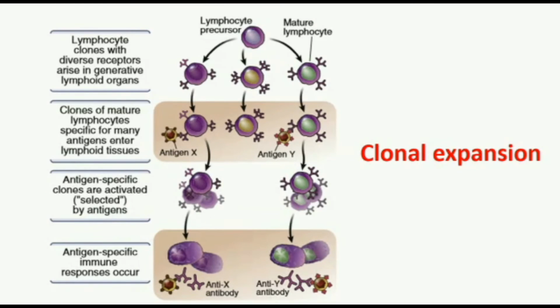Right? This image shows an important feature of our adaptive immunity, clonal selection. Here, mature lymphocytes with receptors for many antigens develop before encountering these antigens.